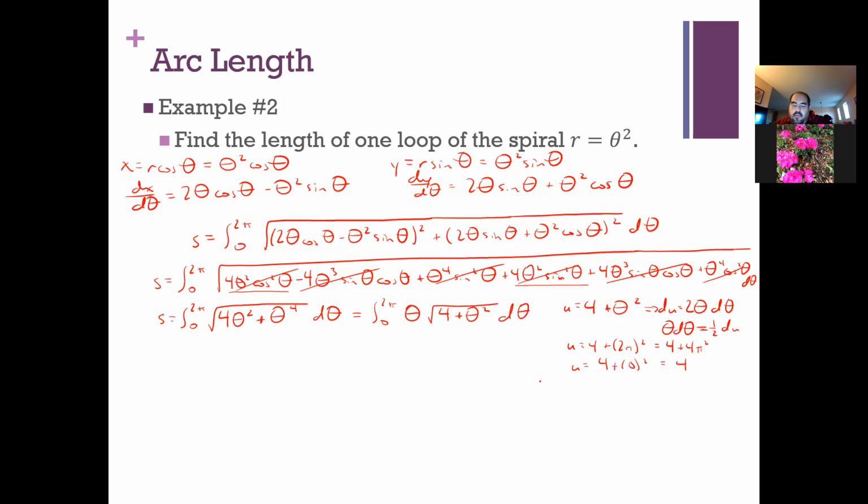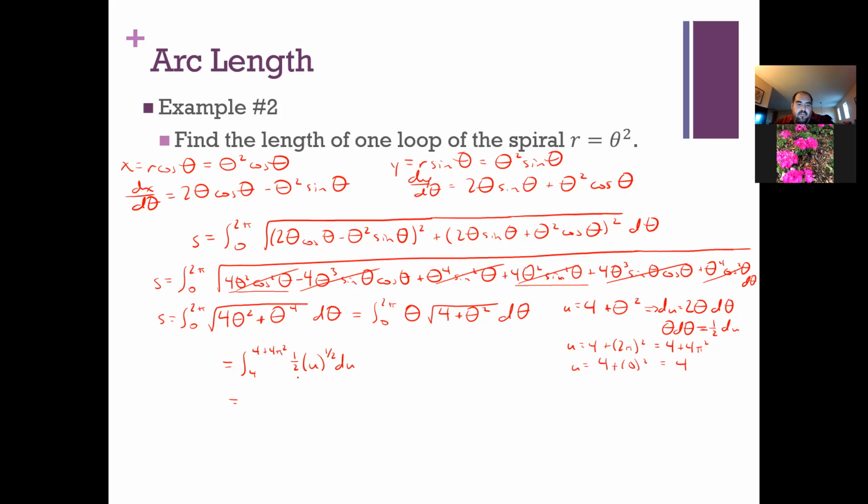So this integral should look like this now, from 4 to 4 plus 4 pi squared of 1/2 times u to the 1/2 du. And then from there, we can just handle it normally.